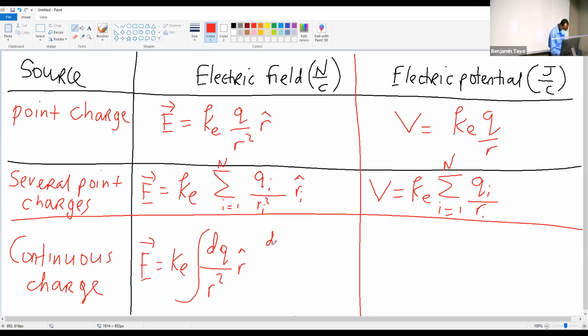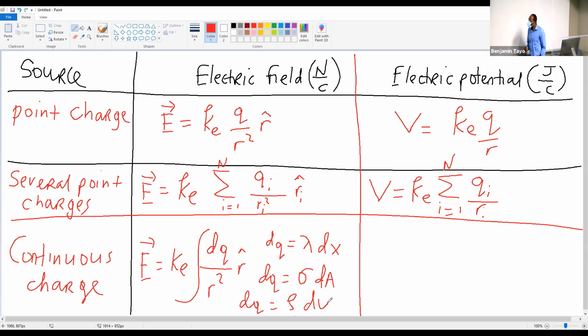Now remember that dq could be equal to lambda dx, dq equals sigma dA, dq could be equal to rho dV. So it depends. Am I talking about a line charge or a surface charge or a volume charge?